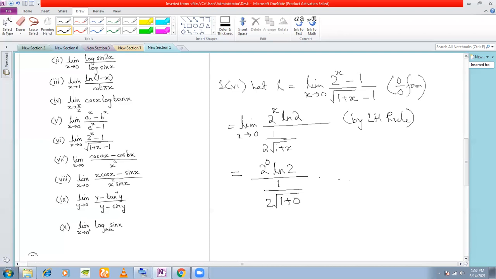Yes, we are getting a finite form. So you simply get ln 2 by 1 by 2, which is 2 ln 2. 2 ln 2 is your answer. Okay.